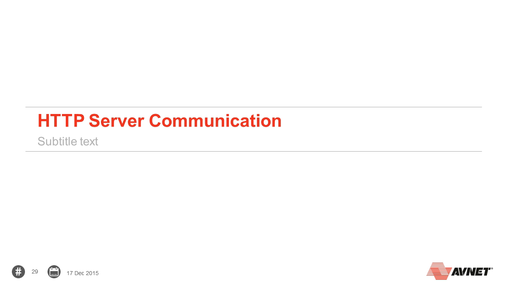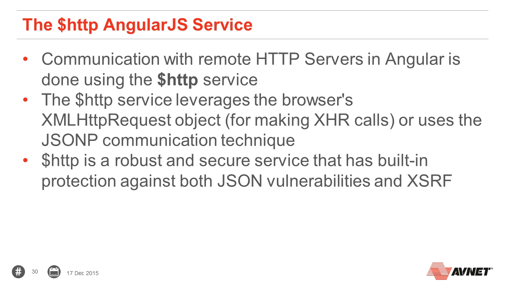The last thing that we'll touch upon in this talk is HTTP server communication. When it comes to communicating with a remote web server or HTTP server, we use the $http service. The $http service actually leverages the browser's XMLHttpRequest object, which some of you I'm sure are familiar with. This is how we make AJAX calls. This is built into all modern-day browsers.